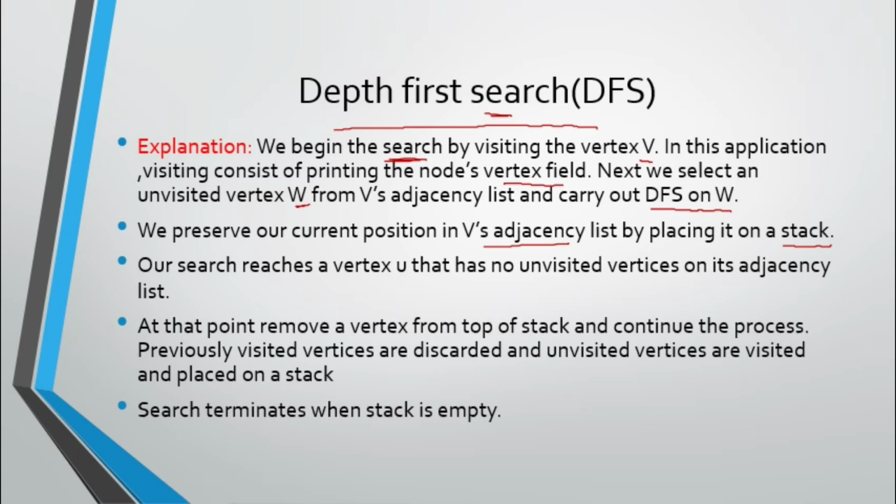At that point, remove a vertex from the top of the stack and continue the process. Previously visited vertices are discarded and unvisited vertices are visited and placed on the stack. We need to do this operation till the stack is empty.